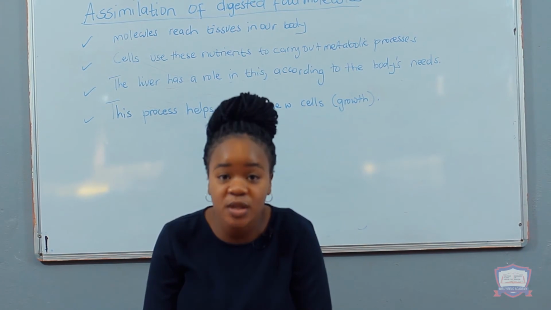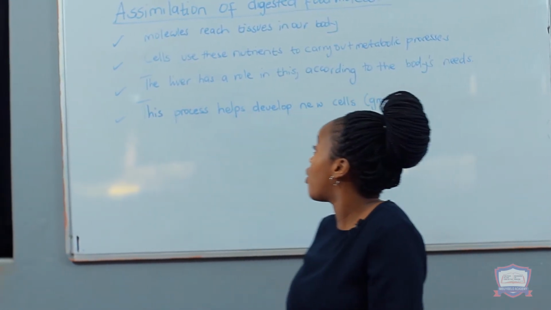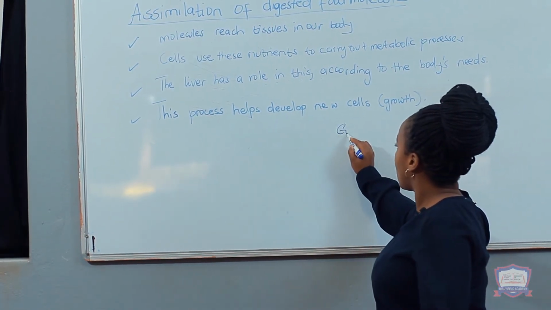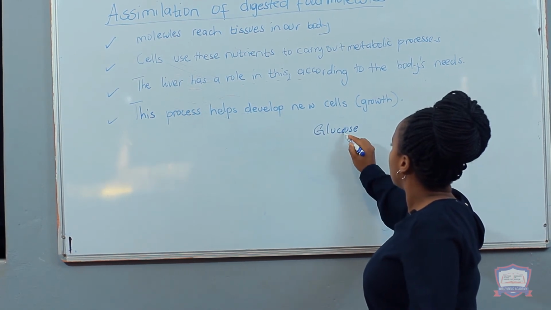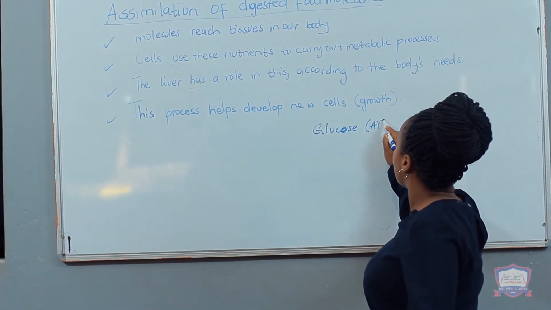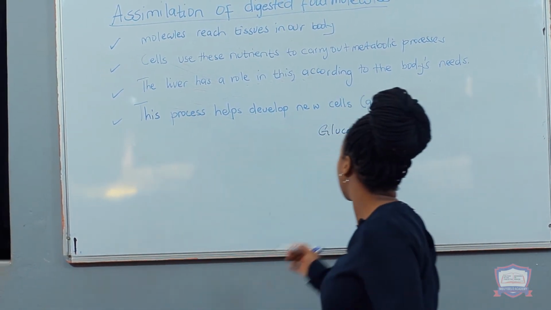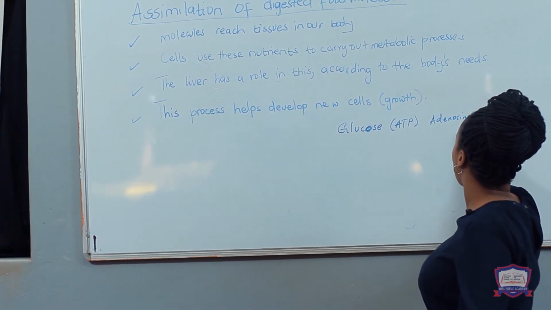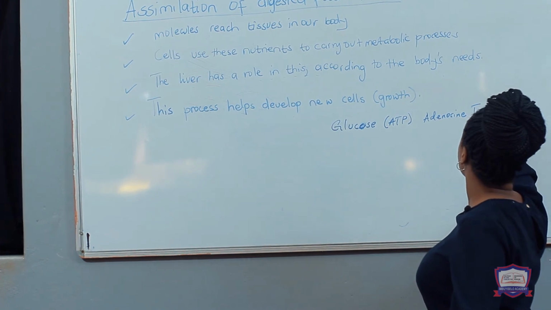Glucose is used by the body as a source of energy in the form of what we call ATP. ATP stands for adenosine triphosphate.